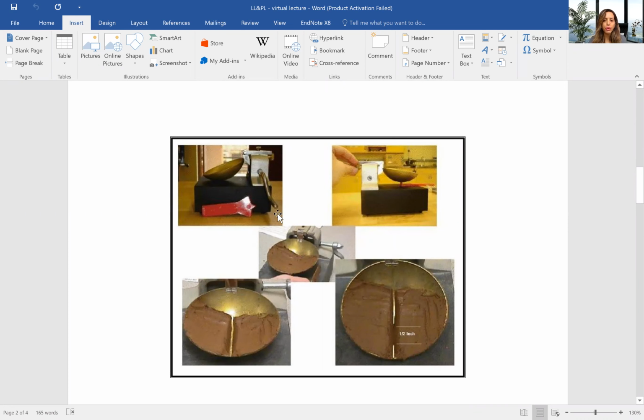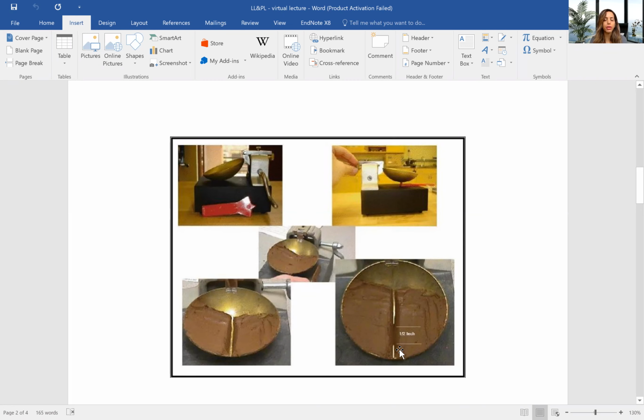And then we use this handle or crank to lift and release the Casagrande cup. We are going to do this at a speed of 2 repetitions per second. And when you do this, the two parts of soil start to move towards each other. When it closes half an inch or 13 millimeters, that's when we stop the test.